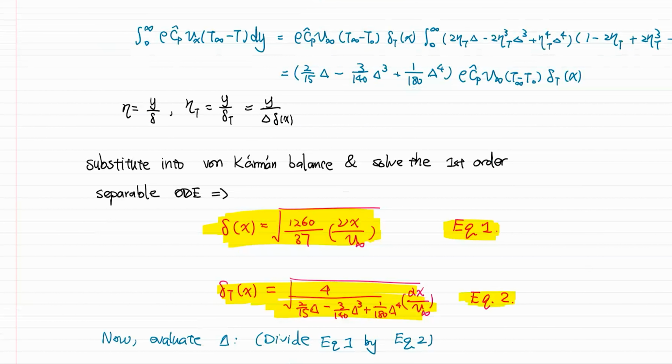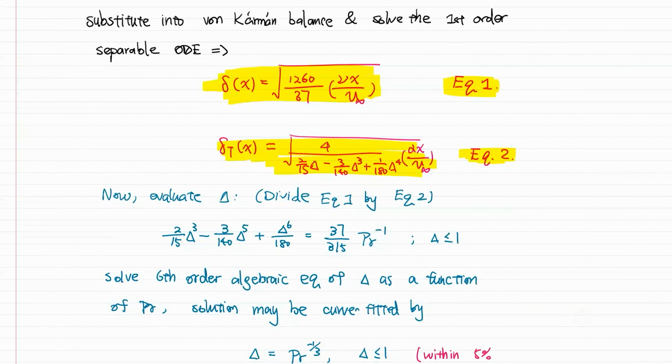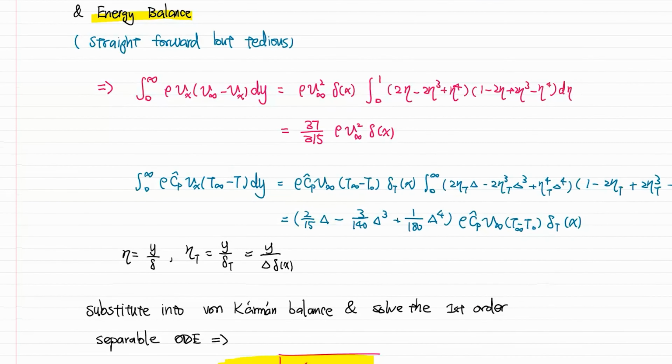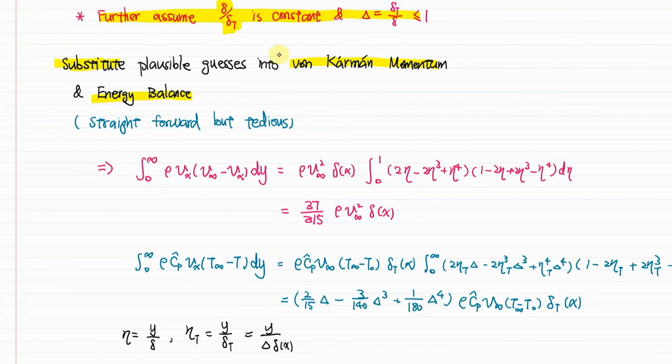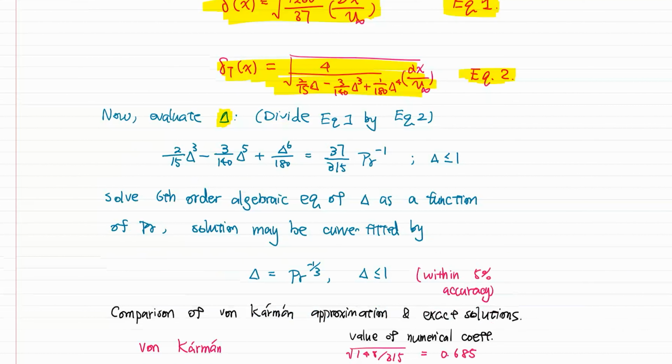Okay, and as a side note here, we're actually trying to show you some analysis on the capital delta here, which is basically the ratio between the two boundary layer thicknesses. The key point is that you can estimate that ratio using the negative 1/3 power of the Prandtl number, provided that you know that the ratio is equal or smaller than 1, meaning that the thermal boundary layer is lying within the velocity boundary layer.